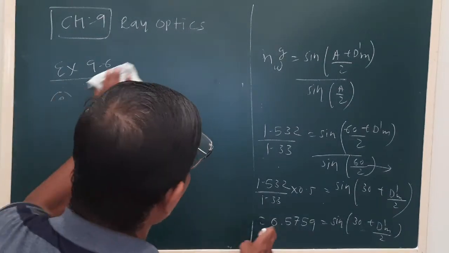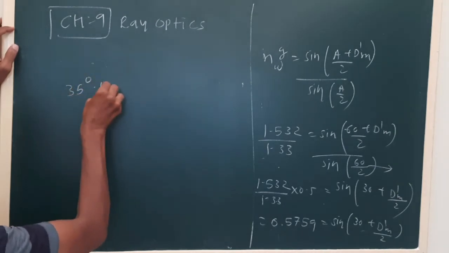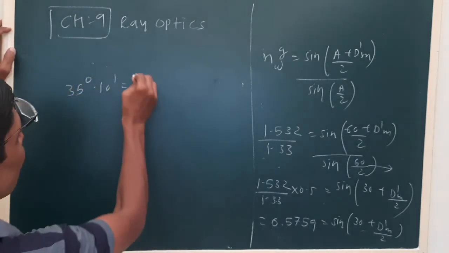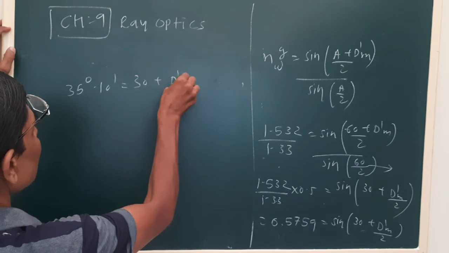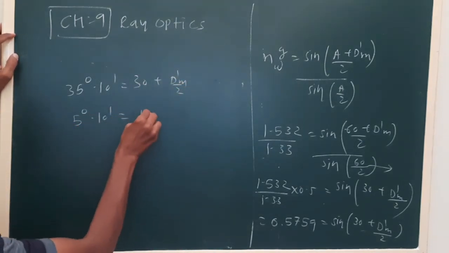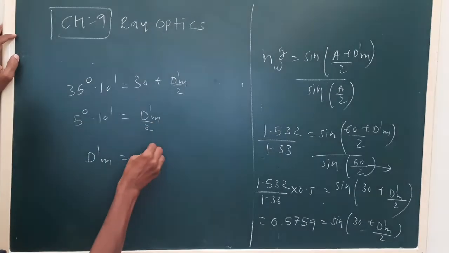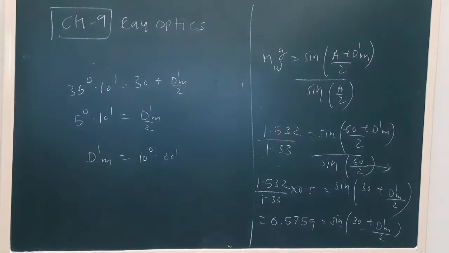Okay, if we see this value, it will be 30 plus, that will be 5 degree. So the new angle of deviation will be 10 degree 20 minutes. Okay, so this is how we can solve.